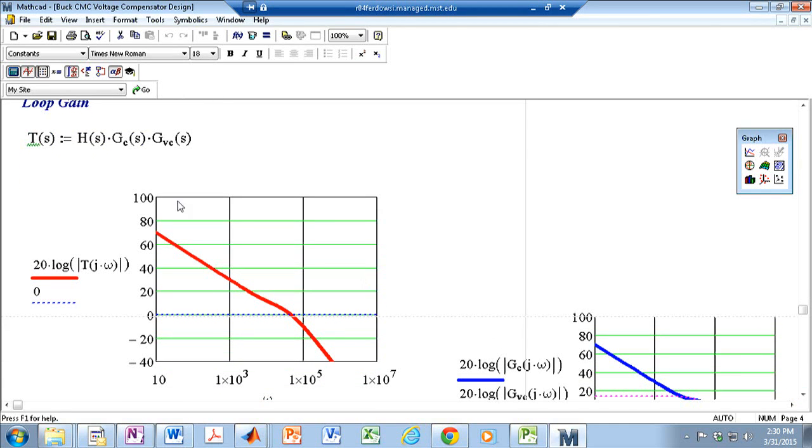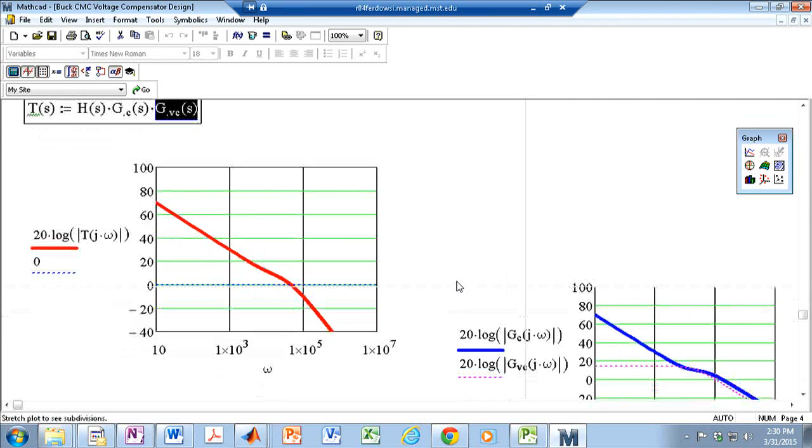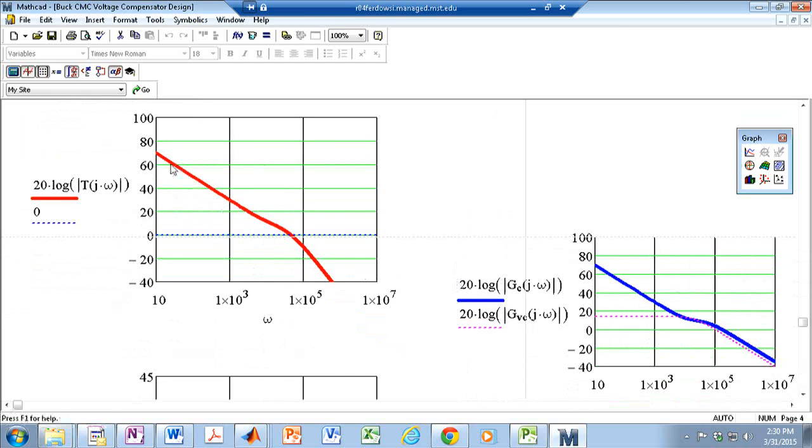So remember, our loop gain has these components: voltage sensing network, the compensation network, as well as the control to output transfer function from the converter. So this is my loop gain after I add the compensation network to it. Several features that we still have to remember.